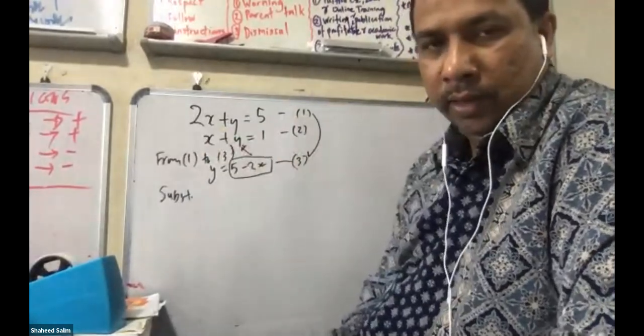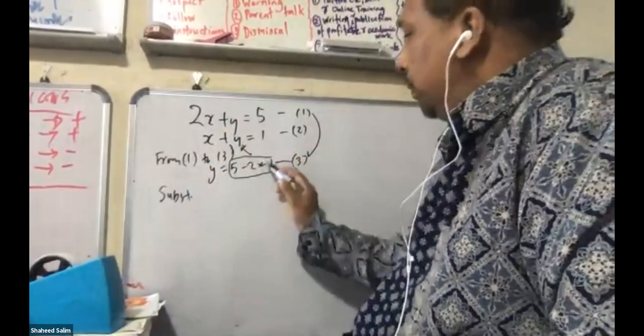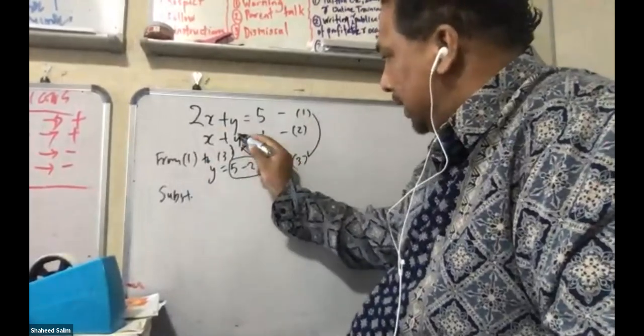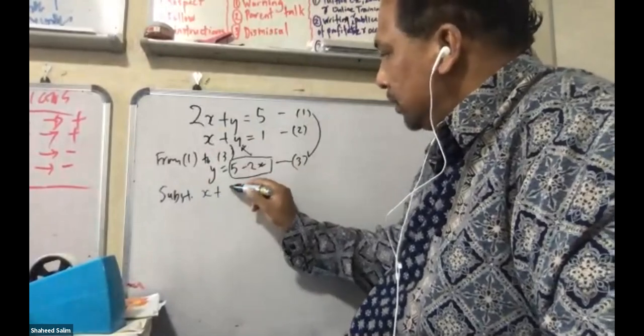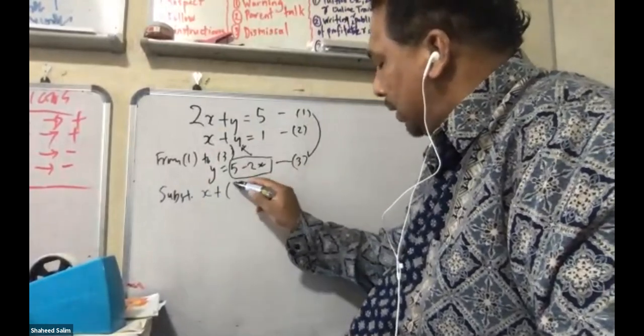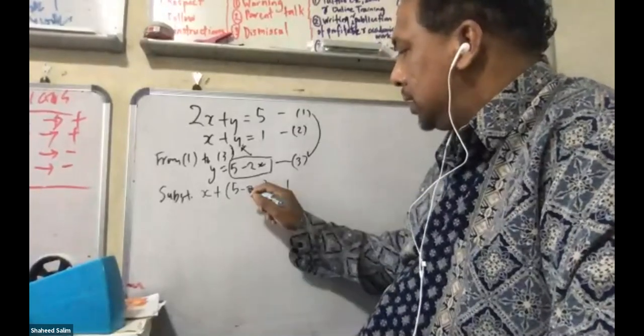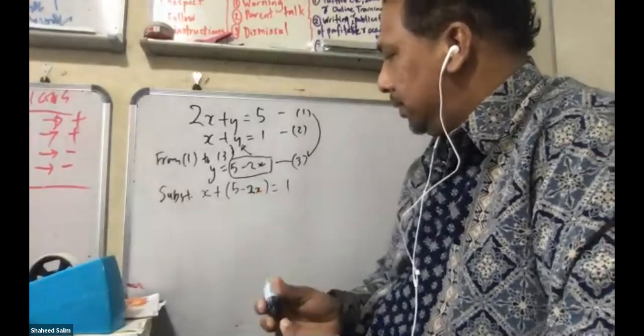Correct? Are we okay so far? Now you are going to put this value of y inside here. So x plus the whole thing equals 1. Okay, I get it. Because I was confused on how to substitute the numbers. You can do it this way. So you try and see whether you can get the answer.